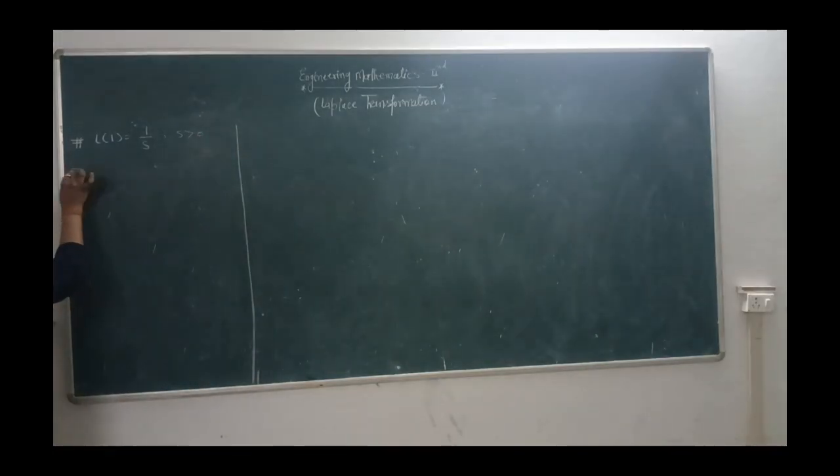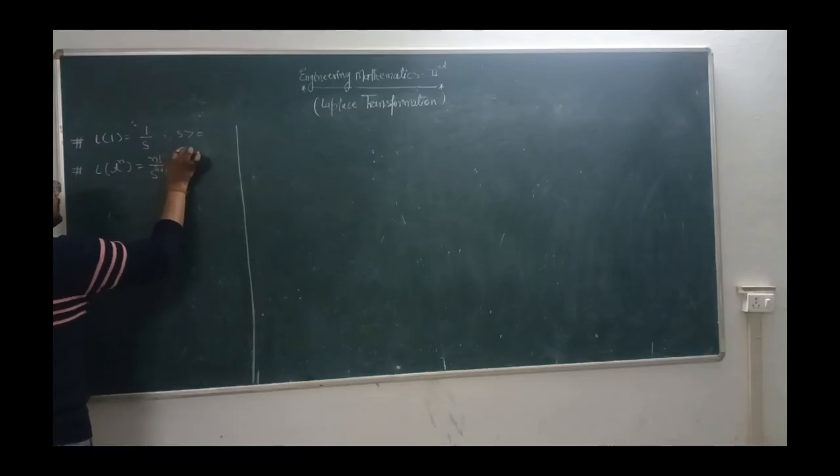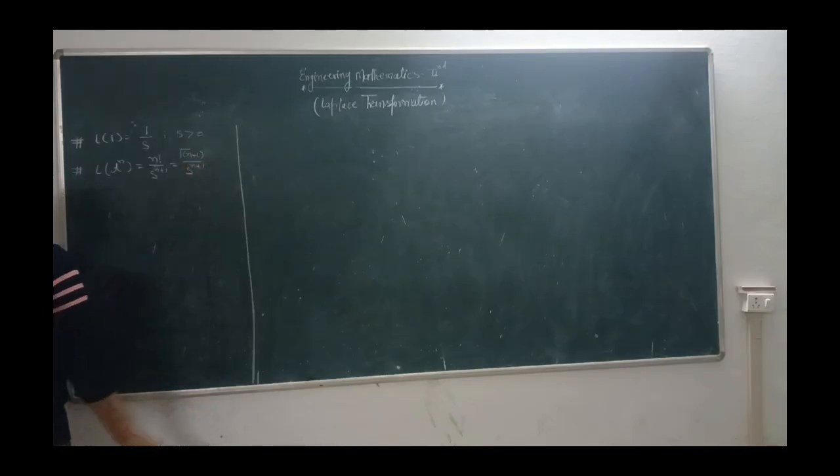Now second, L{t^n} = n! upon s^(n+1), also known as gamma(n+1) upon s^(n+1), where n is a natural number or a real number.